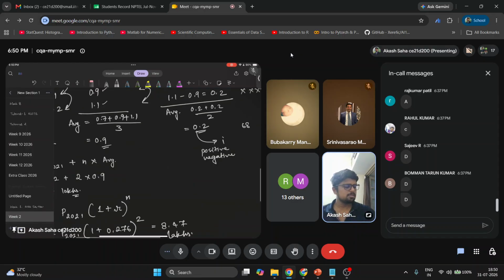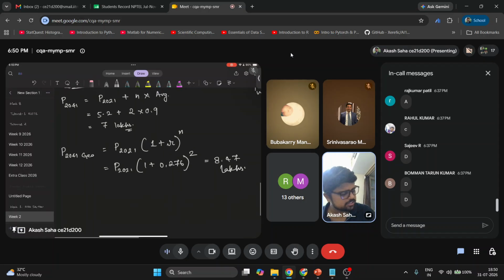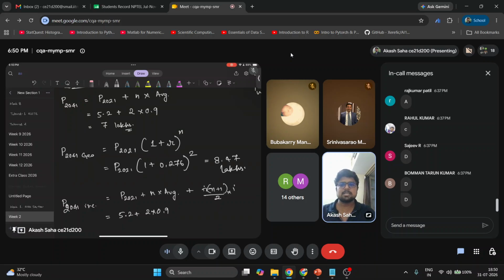So the population at 2041 by the incremental increase method will be the arithmetic result plus n times the average increase plus n into (n plus 1) by 2 into I. So this will be 5.2 plus 2.2 into 0.9, same as the arithmetic increase method, plus 2 into (2 plus 1) by 2 into 0.2. That gives 7.6 lakhs.